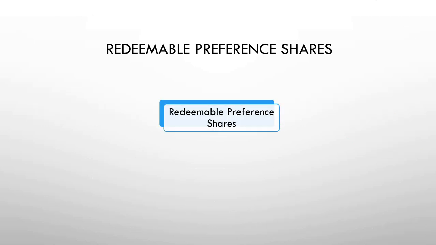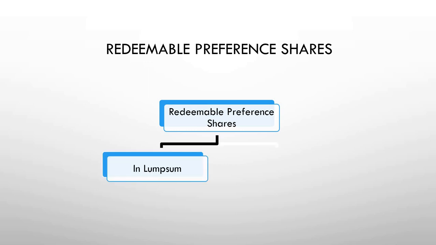And if we talk about the annuity part, these redeemable preference shares are further divided in two parts. That means whenever the company is redeeming, the company is paying the whole amount in lump sum in one shot, or the company can repay the money in installments also.